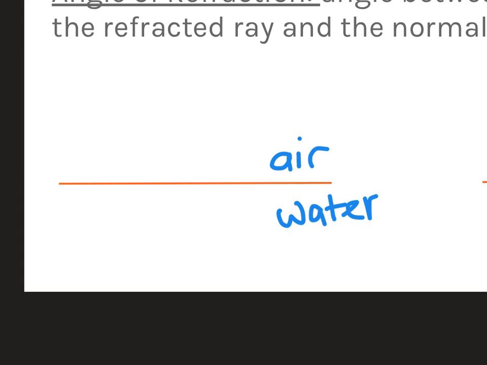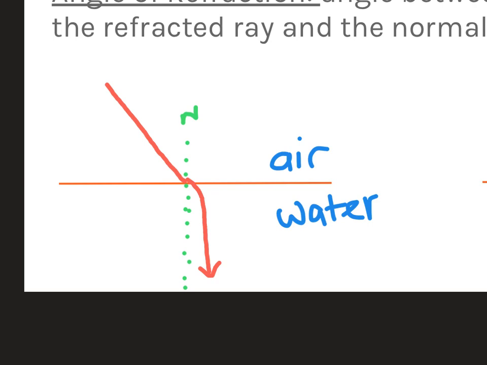So here's what it would look like. Light's traveling along in the air like this, and then it hits that interface where the water is. I'm just going to draw my little normal line right in there, like this. There's my normal. What's going to happen is as that light comes through that interface, it's going to slow down and bend inwards towards where that normal line would be.